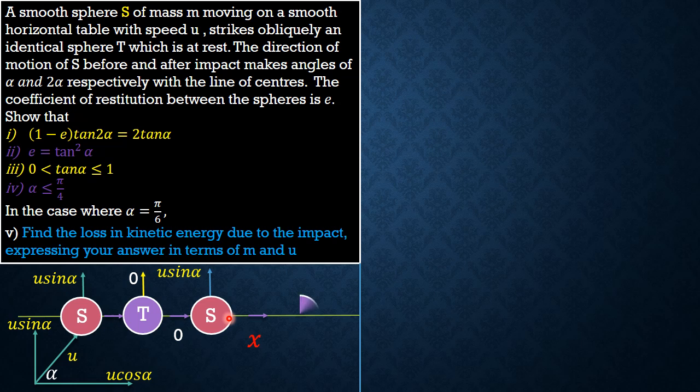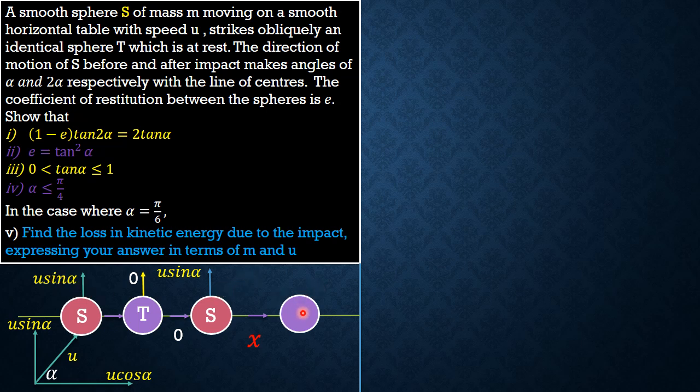Good. Then, as for sphere T, keep in mind that spheres are always going to maintain the component of their speed perpendicular to the line of centers. In this case, they're moving in a horizontal manner, so after collision they are going to maintain their vertical component of speed.